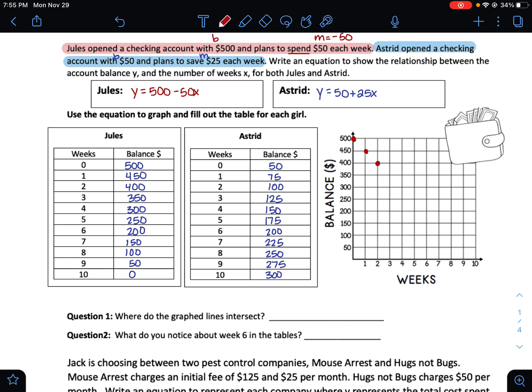And you have to pay attention to the scaling because my y-axis is going by 50s. 3 would be 350. 4 is 300. 5 is 250. 6 is 200. 7 is 150. 8 is 100. 9 is 50. 10 is 0. Now that I have all my points, I'm going to connect the dots.